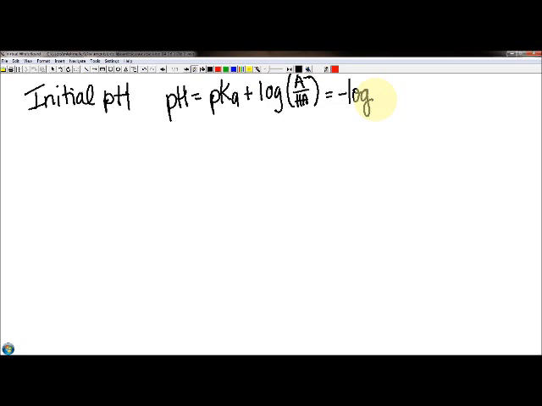That Ka is 1.8 times 10 to the negative 5, plus the log of the concentrations.